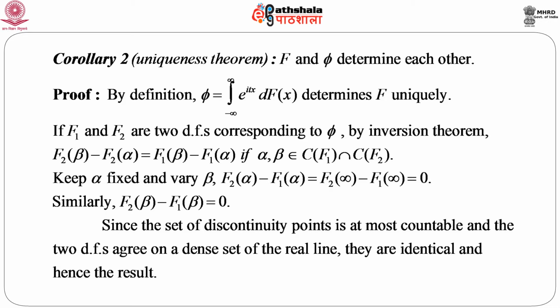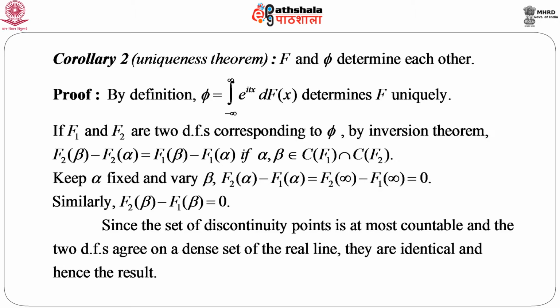Now, suppose f1 and f2 are two distribution functions corresponding to phi. Then we know by the inversion theorem we can always write f2(beta) minus f2(alpha) equals f1(beta) minus f1(alpha), if alpha and beta belong to the intersection of the sets of continuity points of f1 as well as f2.